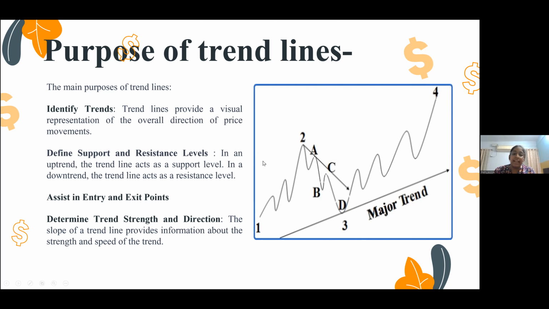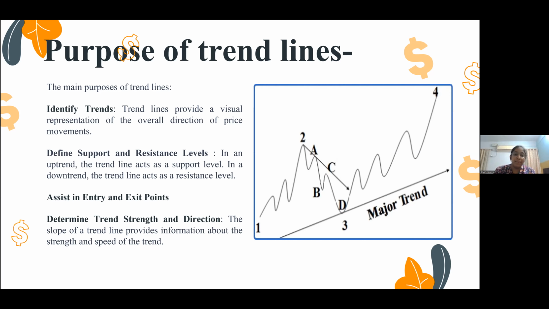Then, assisting in entry and exit points. Now, what are entry and exit points? Traders generally have entry and exit points. When traders enter the market and buy that particular share, that is known as their entry point. And when they sell that share and move out from that particular company, it is known as their exit point.